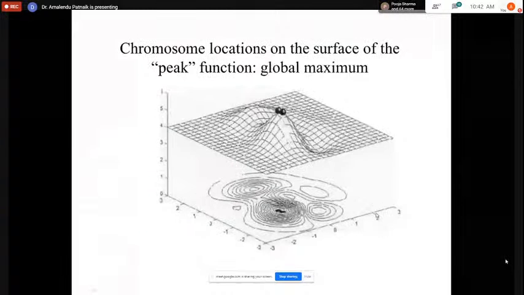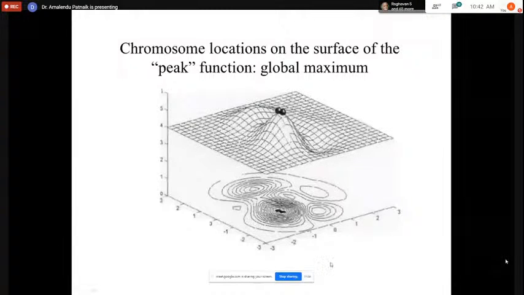And with iterations, for both x and y, you are getting the maxima at this particular point. At that point, you choose what your x and y are, and that is the solution for this particular problem.